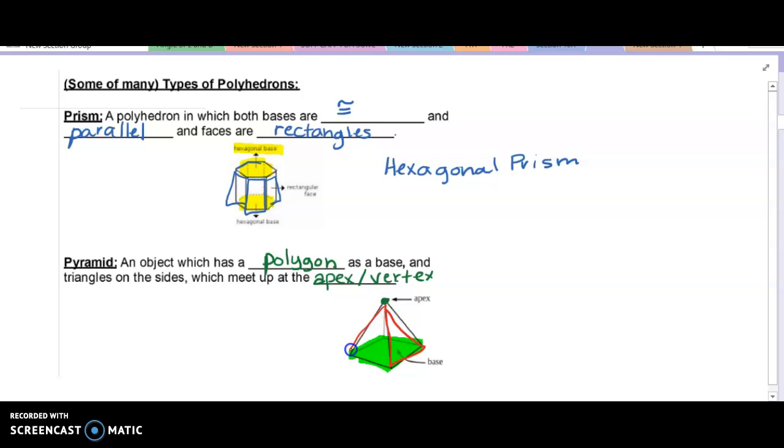Here's a triangle, here's a triangle. That's true for all pyramids. Pyramids are also named according to their base. So I could call this a square pyramid, assuming that that's a square. I probably shouldn't assume that. Or a triangular pyramid, rectangular pyramid, or octagonal pyramid.